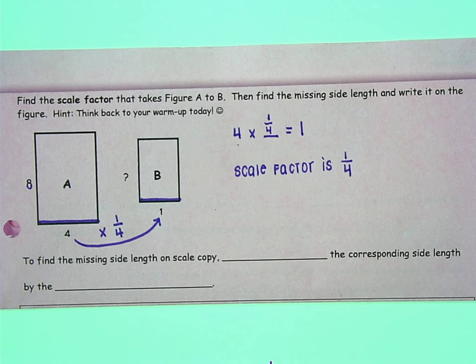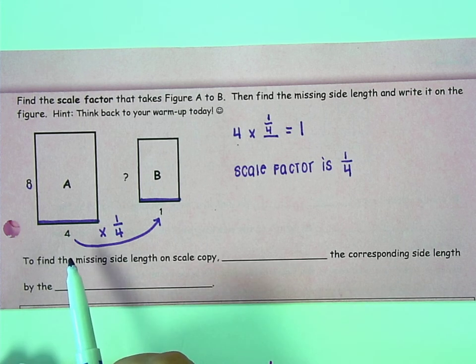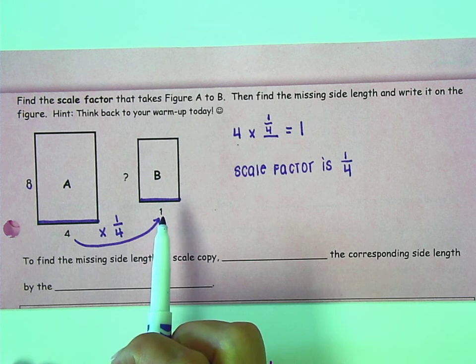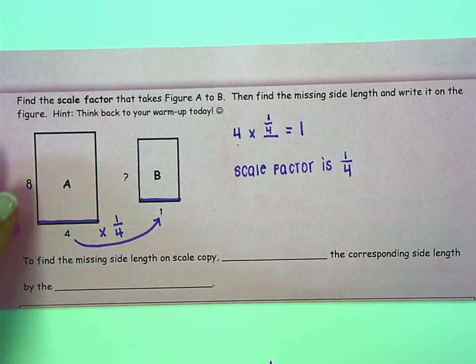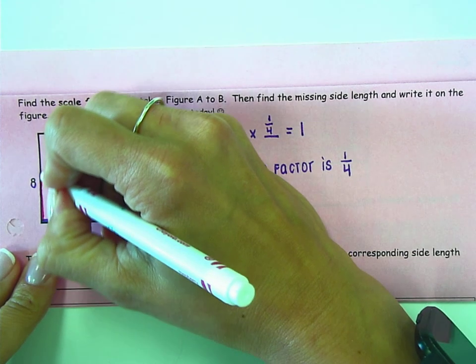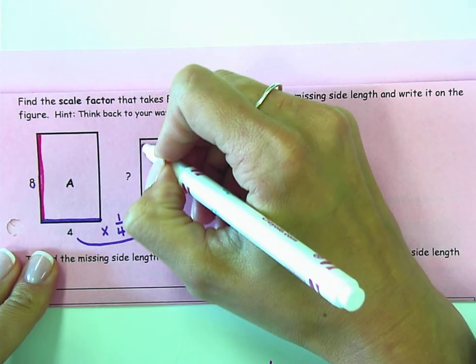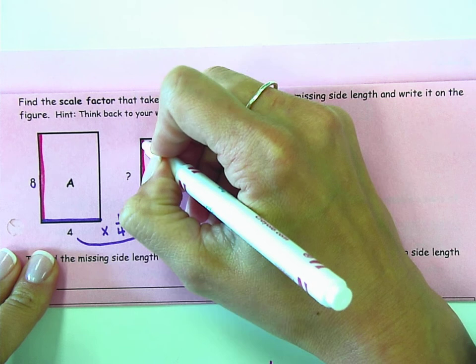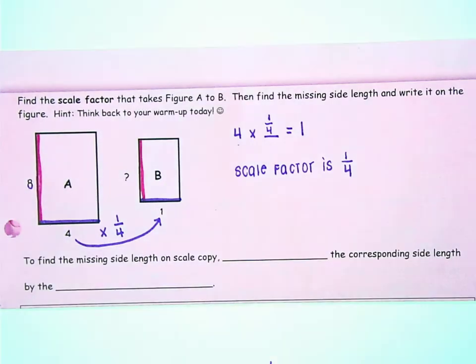Because we know scale factor is the number we multiply all of the side lengths by in our original figure to get the side lengths in our scaled copy, we can take the other set of corresponding side lengths, which is 8, and the side length that we're missing, and we can use the scale factor to find it.